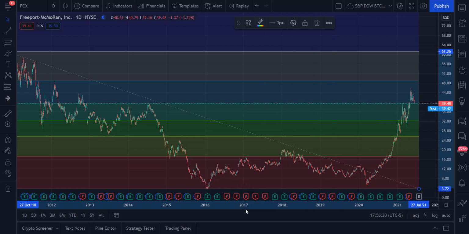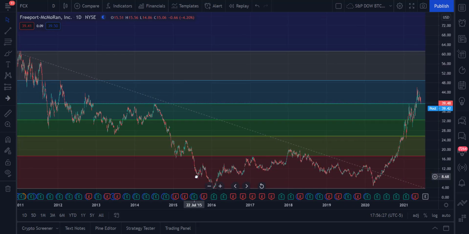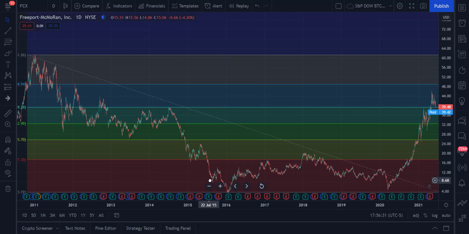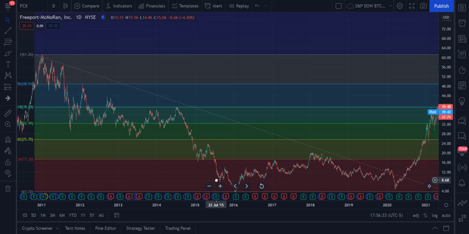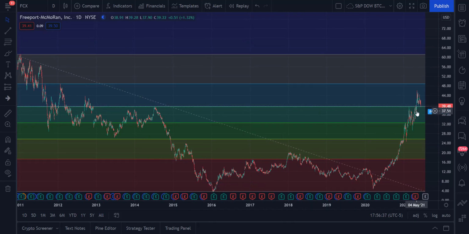I'm just going to pull this on over so we can see that again. 48.94 is actually the 78.6% level, and then the top of this larger term trend is $61.26, and we are looking very strong right now, like that's going to possibly be reached.